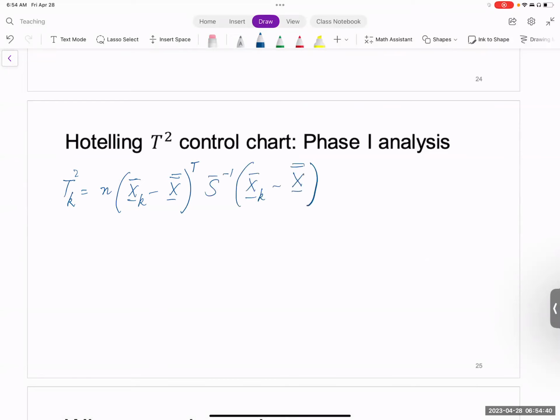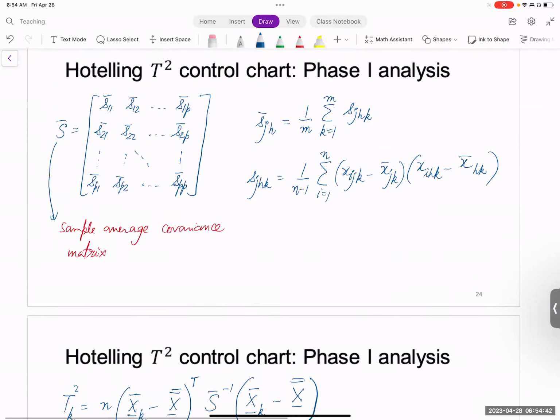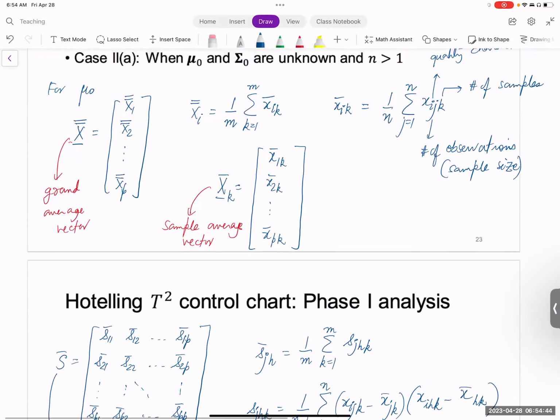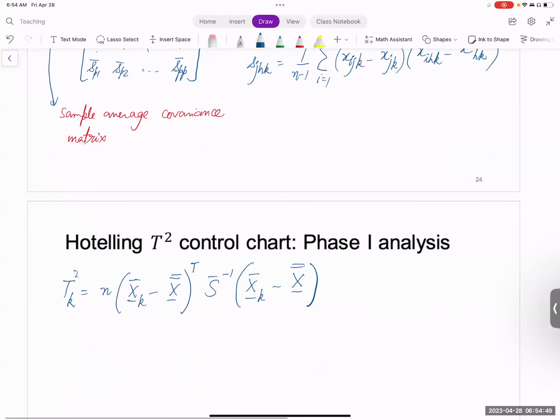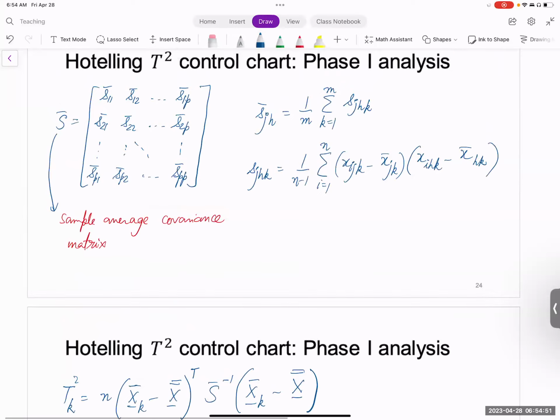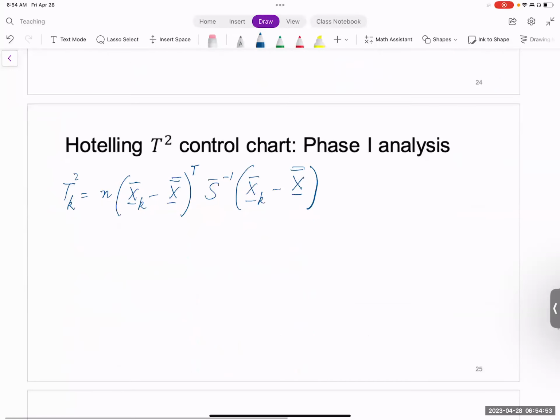We had seen all of these just a few minutes ago. X double bar is right here, x̄_k is also there, and S̄ is just on the previous slide. So you compute T-square k for every sample.